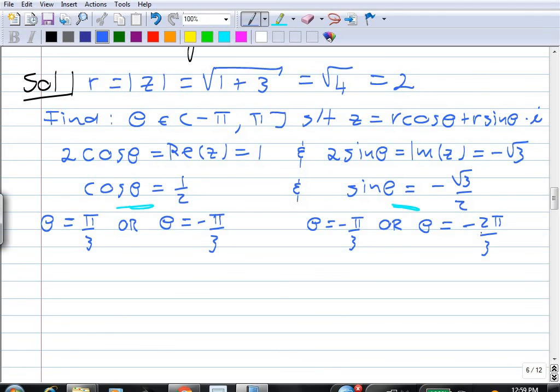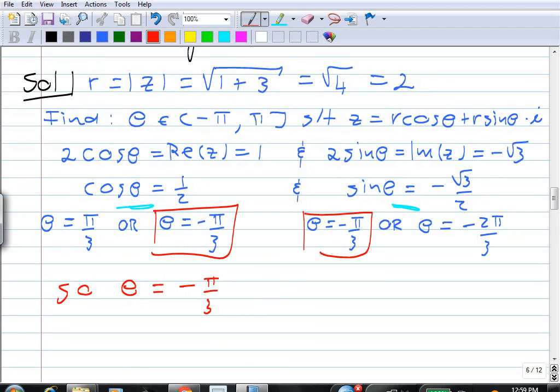Right. Now our theta must satisfy both equations. So we look at our solutions here and we extract the common one. So our value for theta is minus pi over 3.